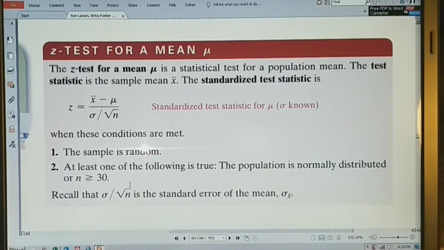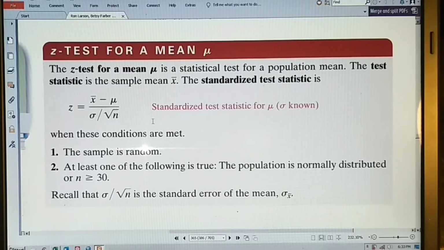So take note that the formula here is applicable when sigma is known. There are some cases where sigma is unknown, but they still use the z-test.